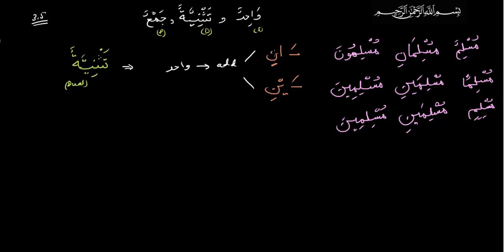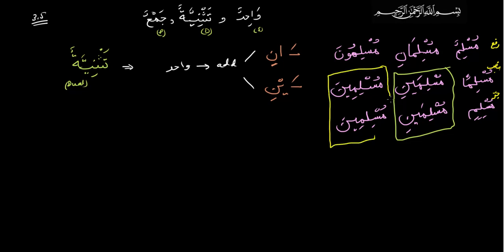And we notice that this is in halat al-rafa. This is halat al-nasab. And this is halat al-jar. Okay, the third row. And we realize that in nasab and jar, the duals are the same. And in nasab and jar, the plurals are also the same. So these two columns are the same.